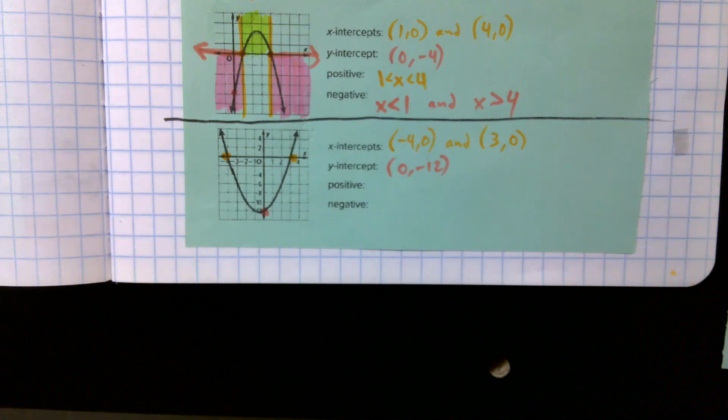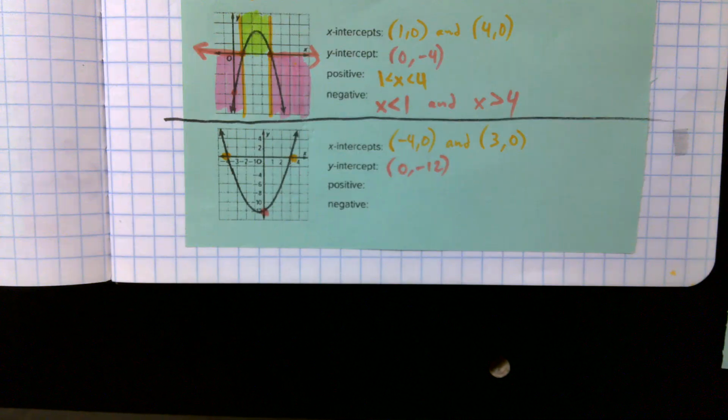Nice highlight. Yeah, I like it. This side right here is basically positive. Oh, I got it because it's a dot.